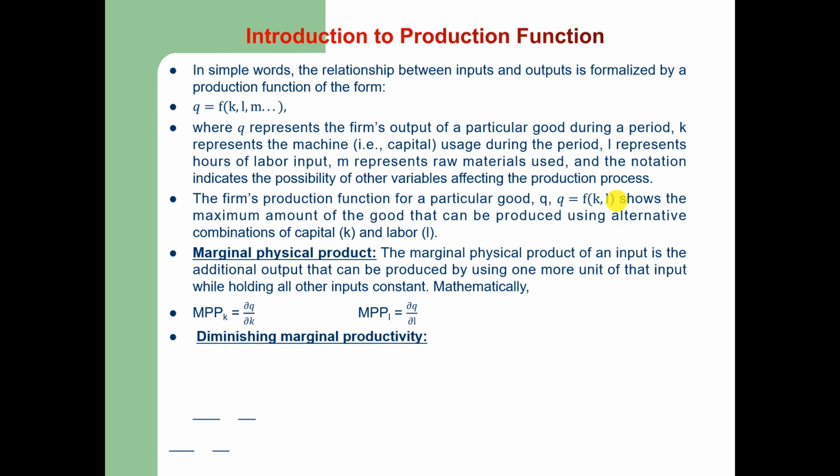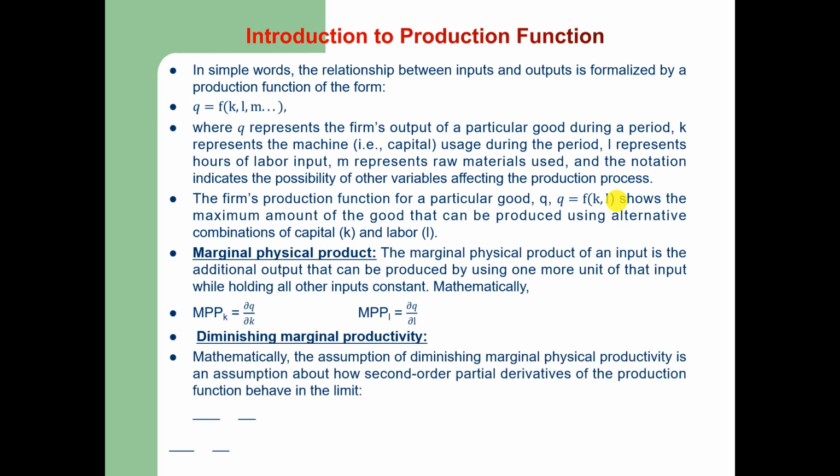We also know that the marginal productivity of an input is going to diminish, so we may also discuss this. Mathematically, the assumption of diminishing marginal physical productivity is an assumption about how second order partial derivatives of the production function behave in the limit.